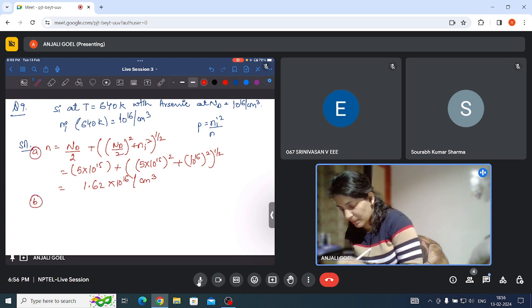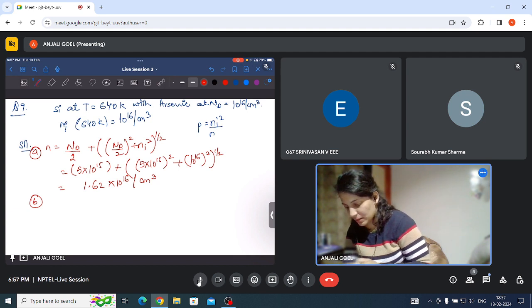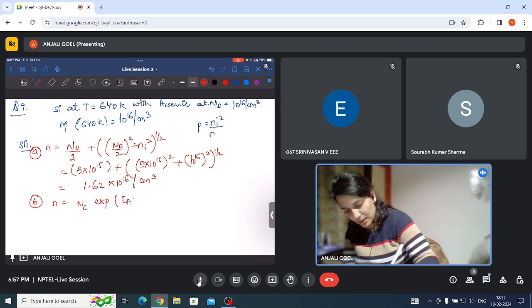Now you have to determine the location of Fermi level. So N is equals to Nc exponential EF minus EC by kBT.